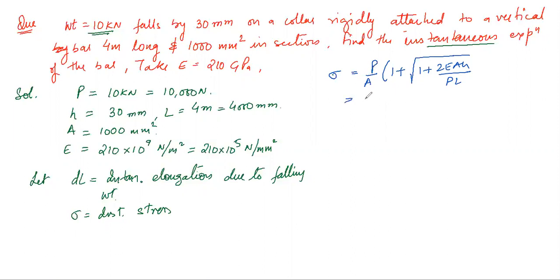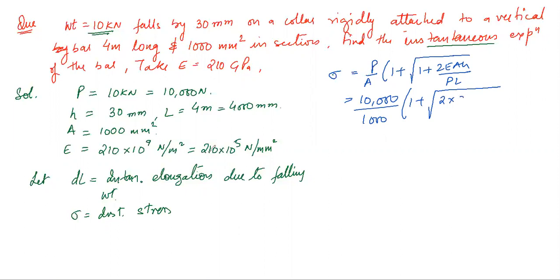So sigma, we have already calculated P as 10,000, right? Area we have already calculated as 1,000. 1 plus under root, that is 2, E we have already defined.